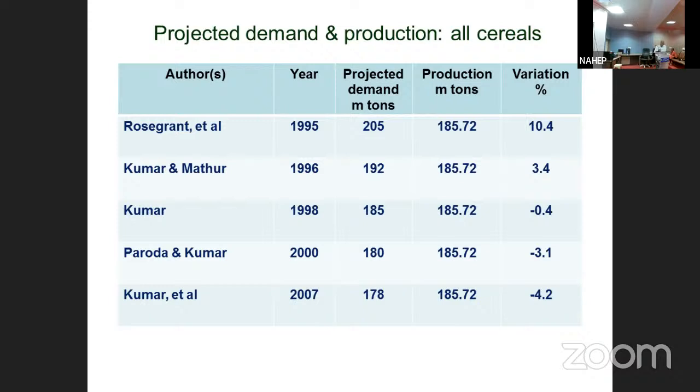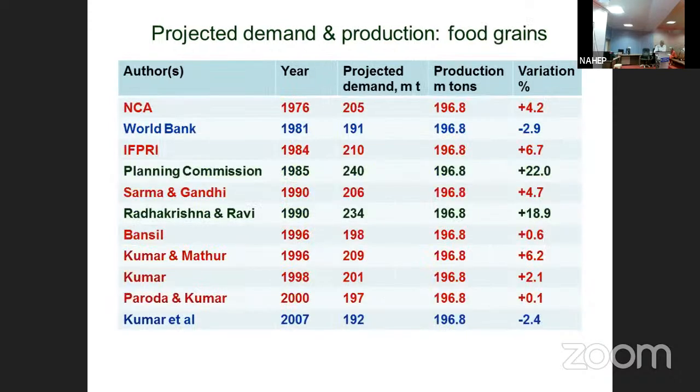Then another study we made in 98, the error was 0.4%, which is the system that we did. Radha Kumar's error was -3%, and Kumarika's error was 4%. Now my study, the error was very good. But most of the other studies, even the Planning Commission study, the error is 20%. And the Radha Krishna Ravi study, if you use the linear expenditure system, 18%, and so on.